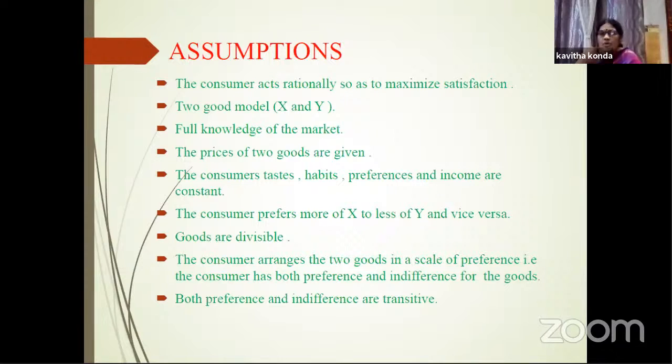Next, both preference and indifference are transitive. Why are they transitive? Transitive means what? Take goods A, B, C. When we are using B, then only we can know about the utility of A, isn't it?